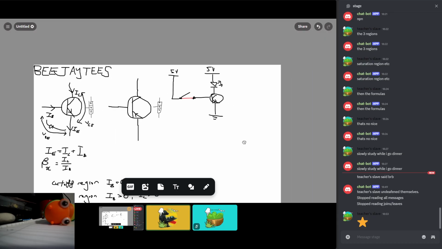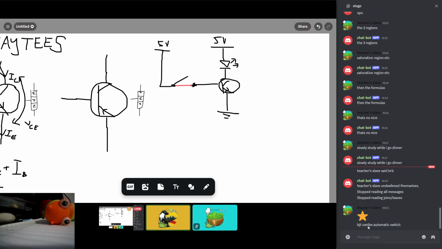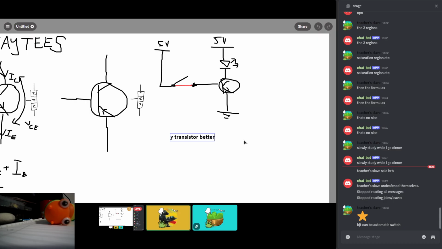And the main upsides of a transistor compared to just using a switch is that transistors can be an automatic switch. Yeah, we're not getting into that. Okay, why is a transistor better?